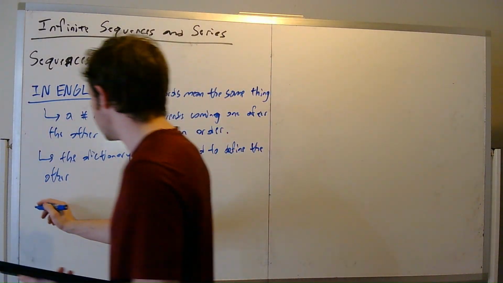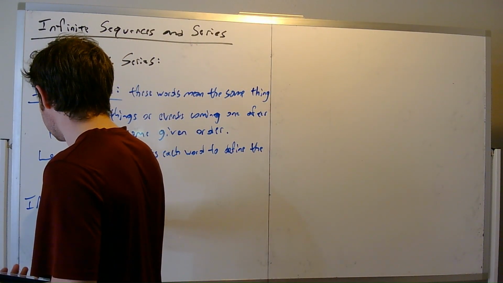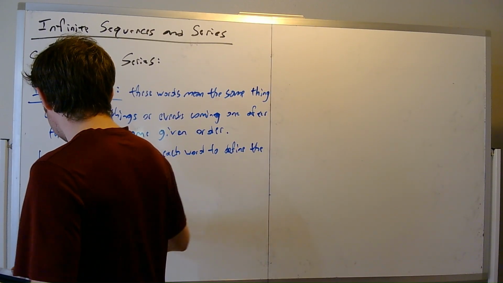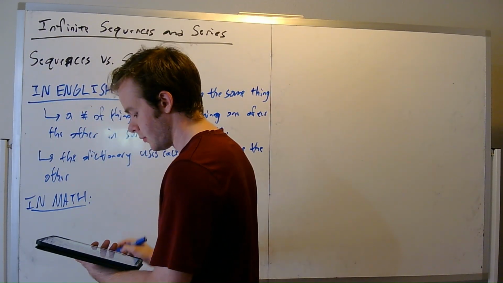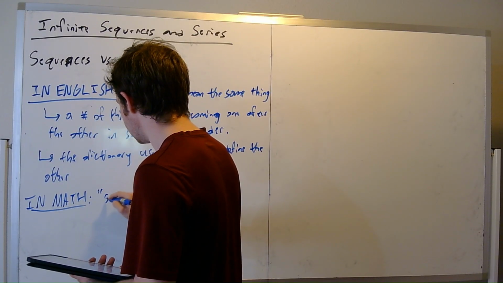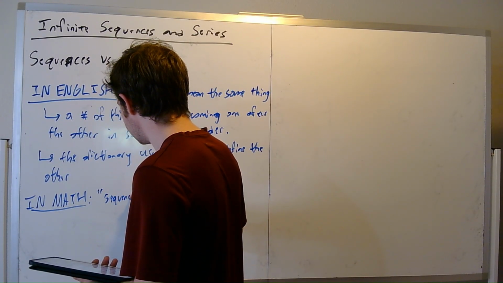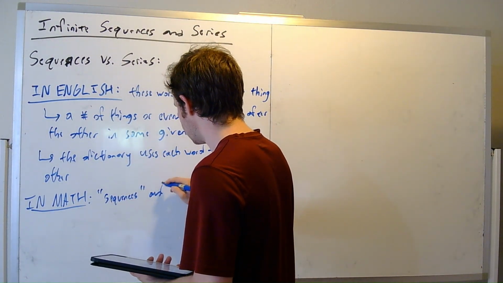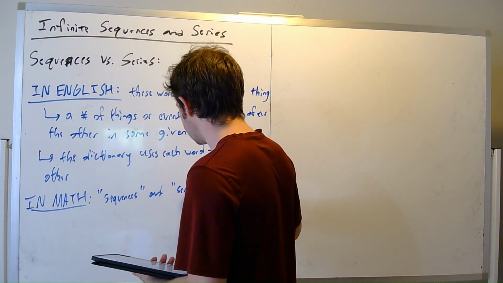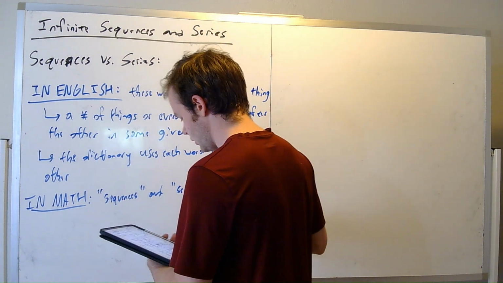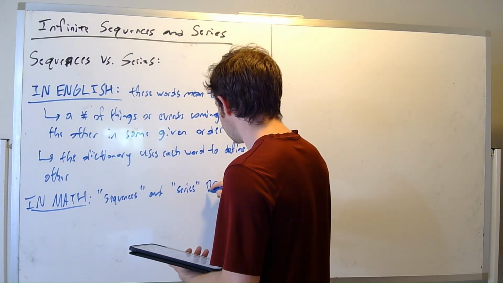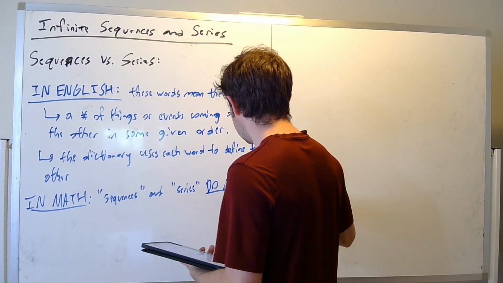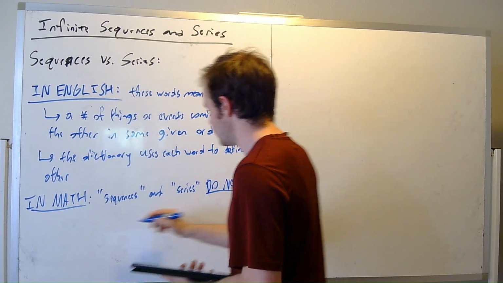But here in math, we're going to say that they're actually different things. So in math, what we care about, so I'll say here that sequences and series do not mean the same thing.